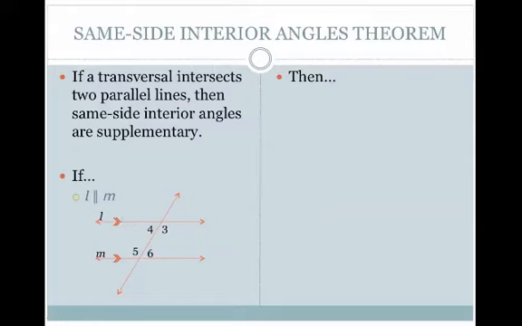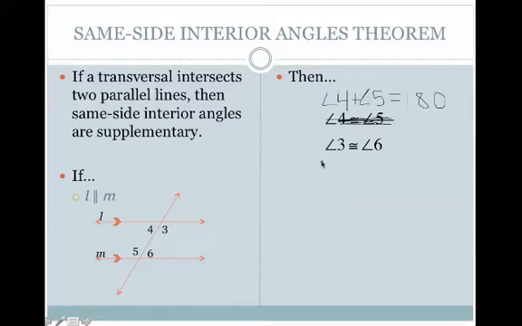So therefore, we could say, actually this should say that angle 4 plus angle 5 equals 180, and not that 4 is equal to 5.